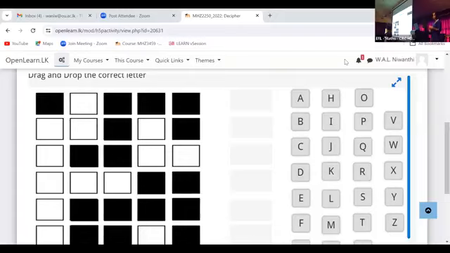Did you figure it out? Who figured it out? What is the first one? E. Someone says E. How about others? Any other answer?